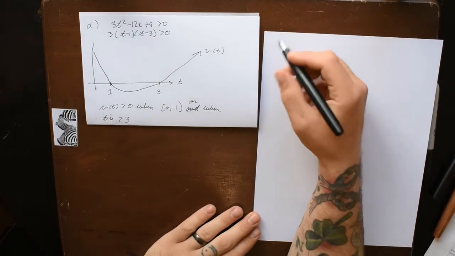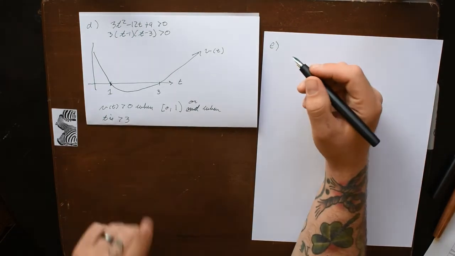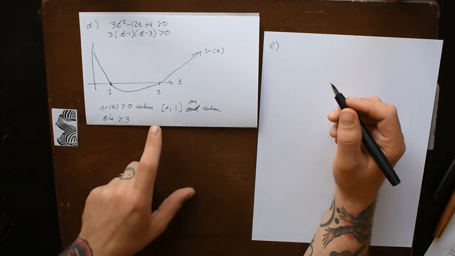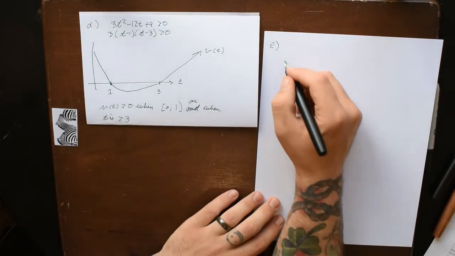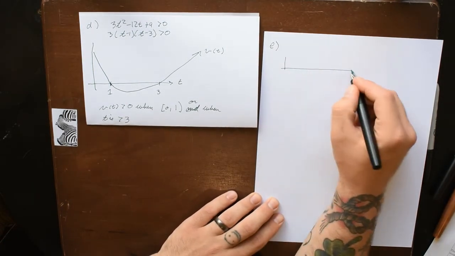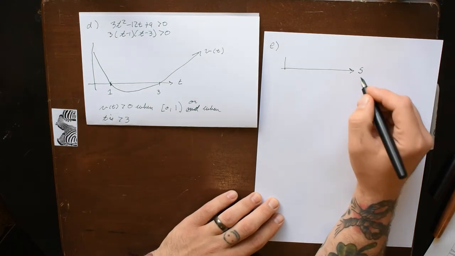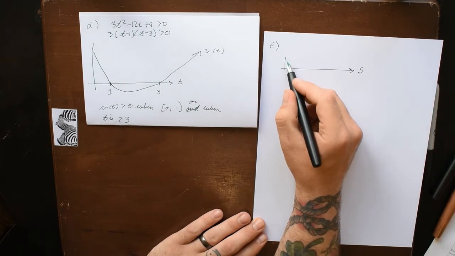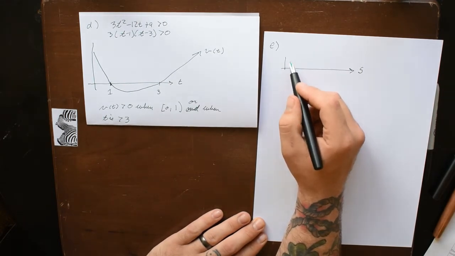Okay, so for part E, we're supposed to draw a diagram of the motion of the particle. So the particle is going to start, and this is going to be the s-axis, the displacement. What we're doing is graphing the velocity.